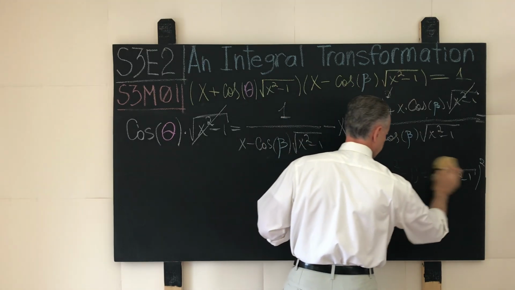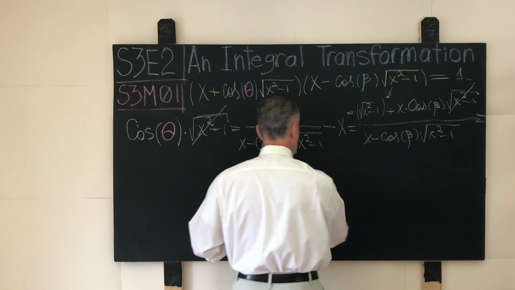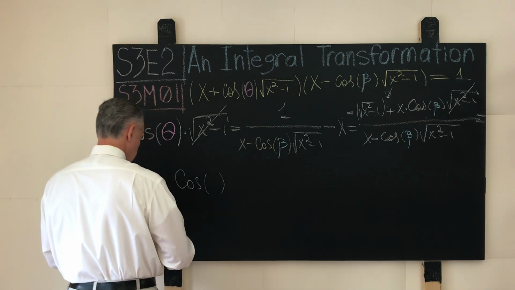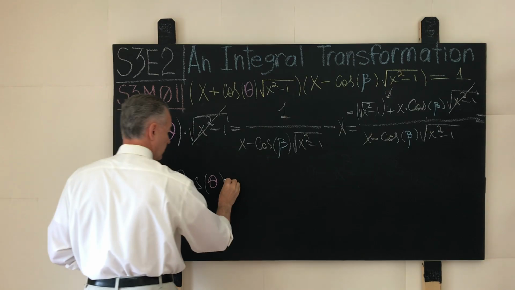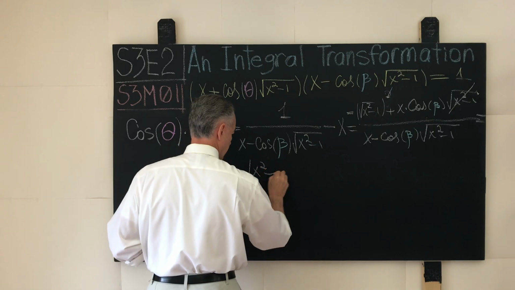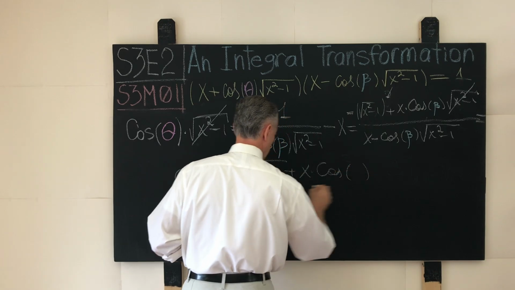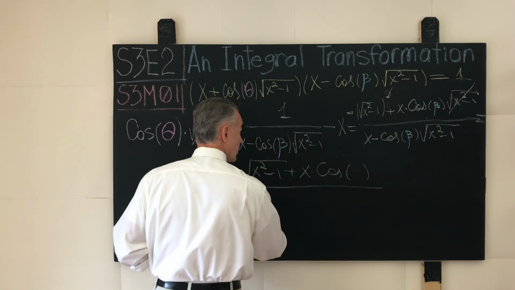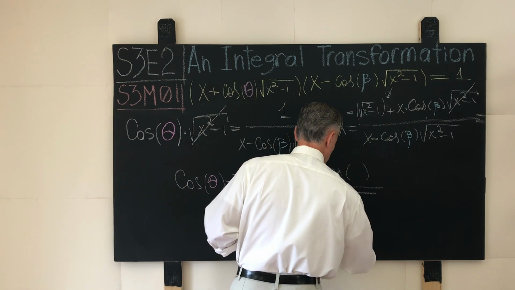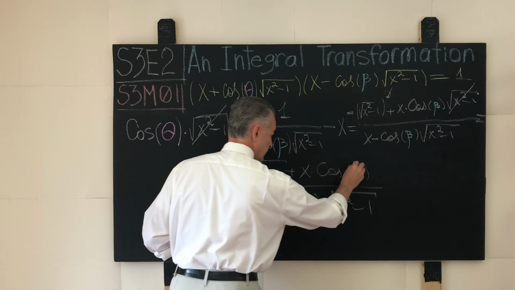So now what result do we have for the expression of the angle theta in terms of the angle beta? Well, that result is straightforward. Cosine of theta is equal to, let's write it down carefully, minus x squared minus 1 plus x times cosine of beta, divided by x minus cosine of beta times the square root of x squared minus 1.